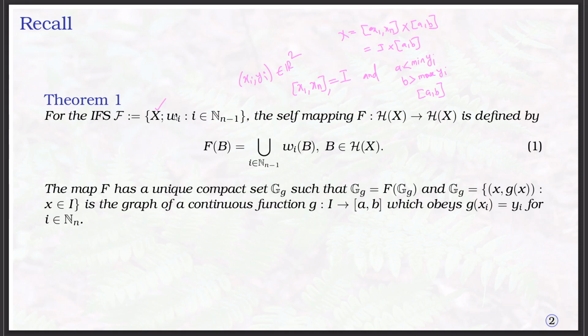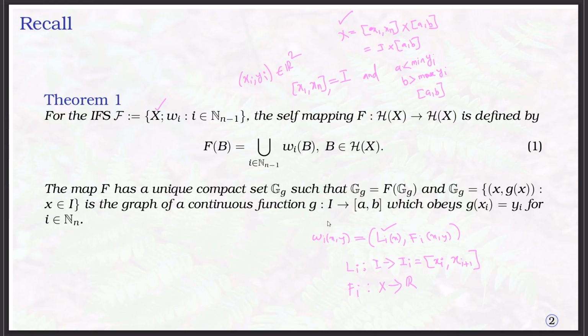We define wi of x comma y as Li of x and Fi of x comma y, where this Li is a mapping from I to Ii, where Ii is xi to xi plus 1, and this Fi is a mapping from X to R, the X defined here.